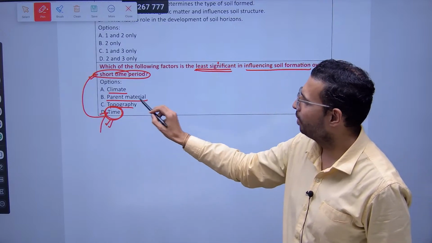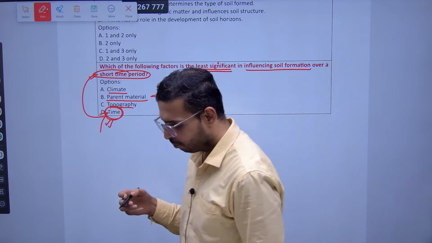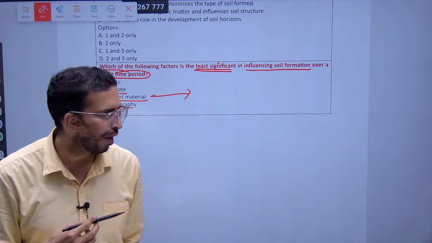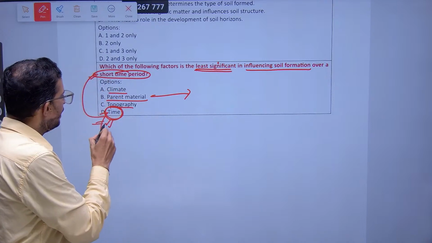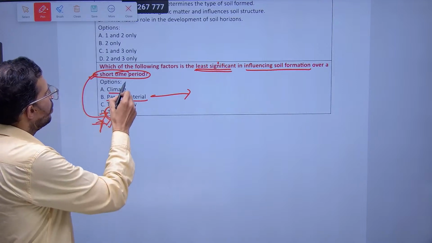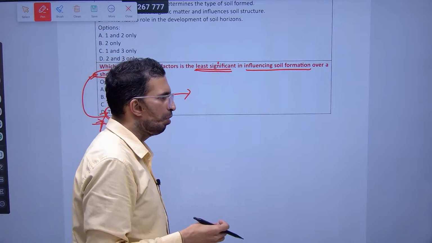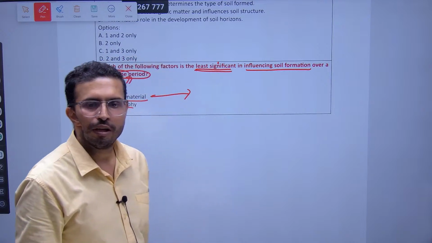Yes, parent material also goes for millions of years, but they have asked for the short period of time. Obviously time plays a very important role, but not for the short time period. It requires millions of years for the decomposition, formation of the subsoil.